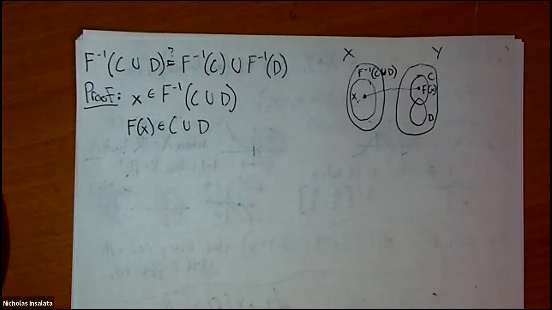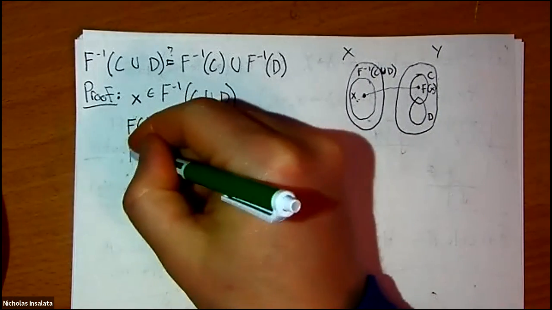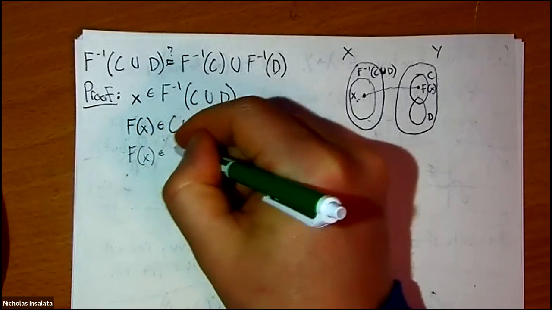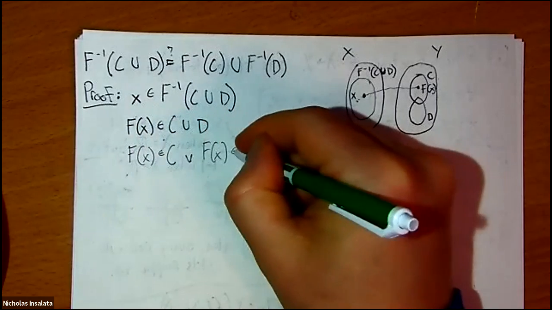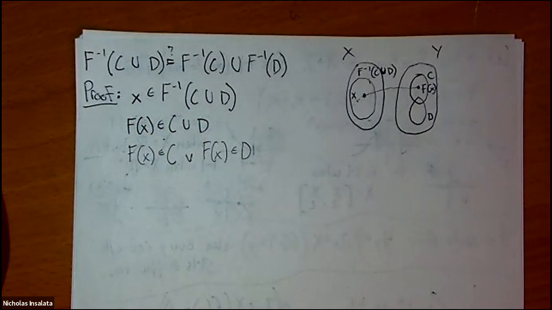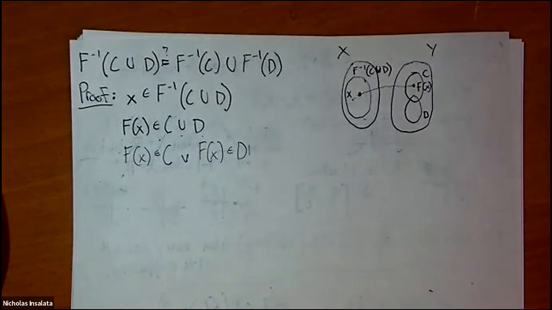Okay. So what does this mean? Well, this means f of x is an element of C, or f of x is an element of D. That's what union means. F of x could be in this one or in this one.